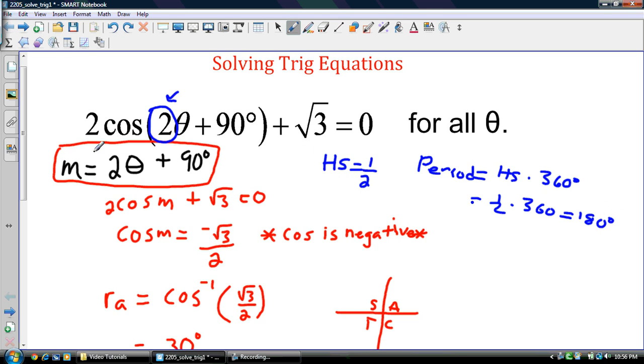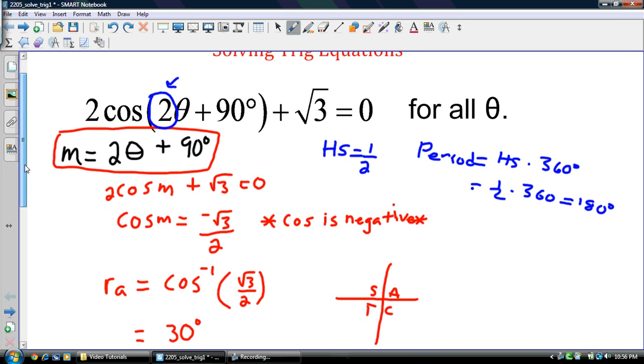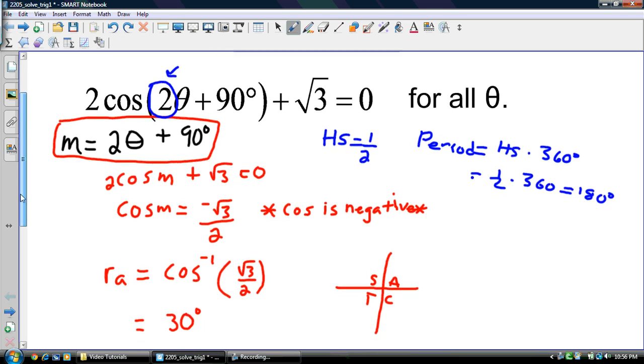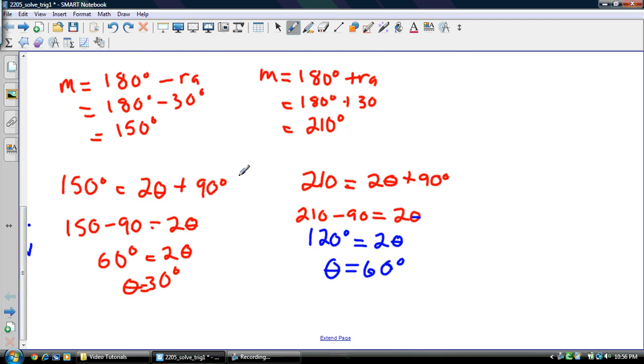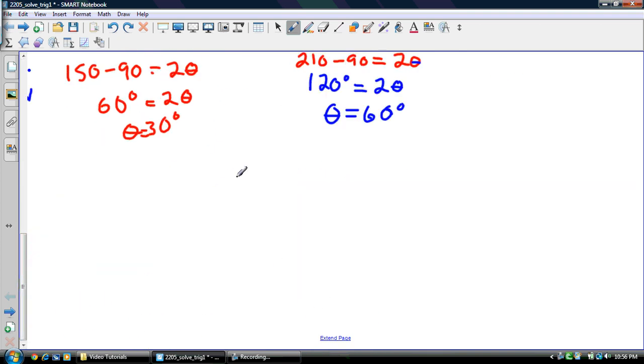So for all theta, this is where this comes in. Instead of saying 360 n, we say theta is equal to 30 plus 180 degrees n, where n belongs to integers.